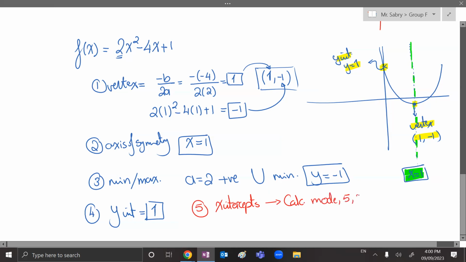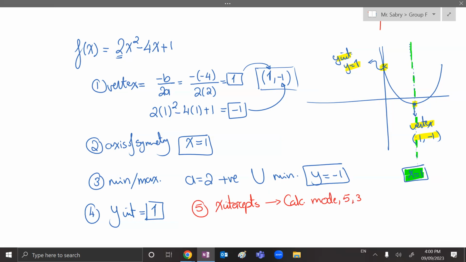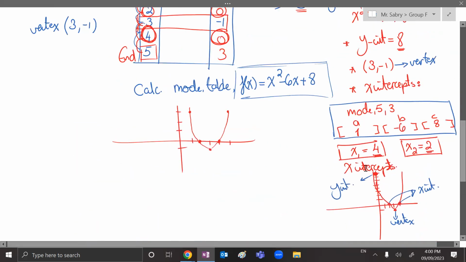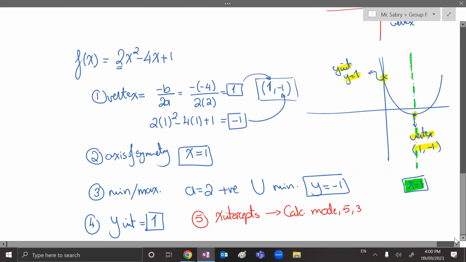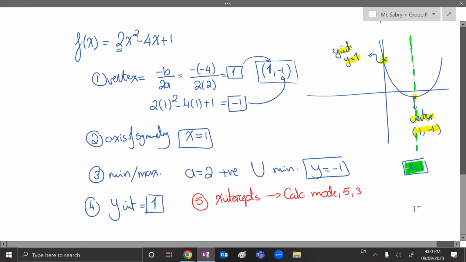Depends on the points each one of us. Mode 5.3, the one that we just learned, gives us the x-intercepts. We just learned that here. We said that the x-intercepts are found using mode 5.3. So mode 5.3 would get us the exact x-intercepts.